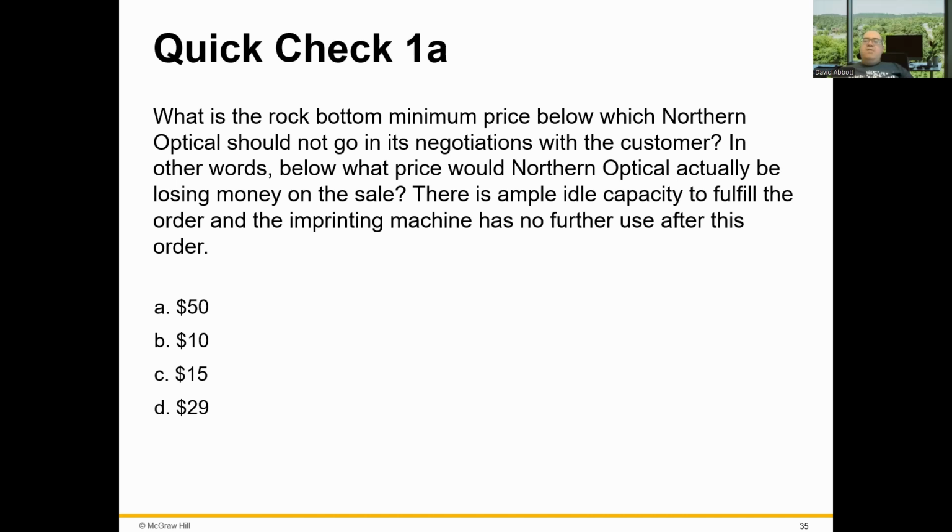In other words, below what price would Northern Optical actually be losing money on the sale? There is ample idle capacity to fulfill the order and the imprinting machine has no further use after this order.